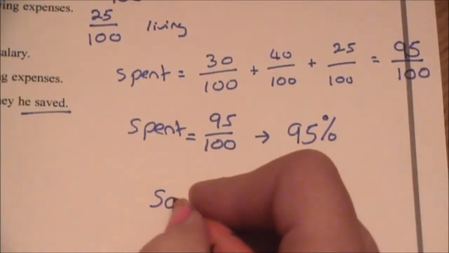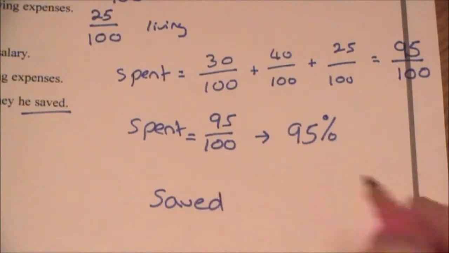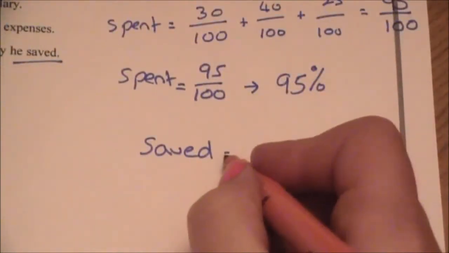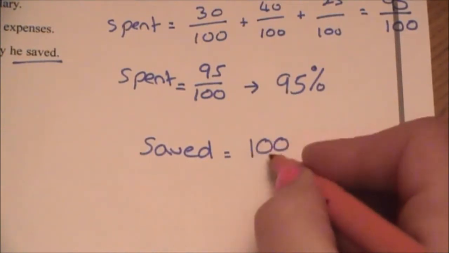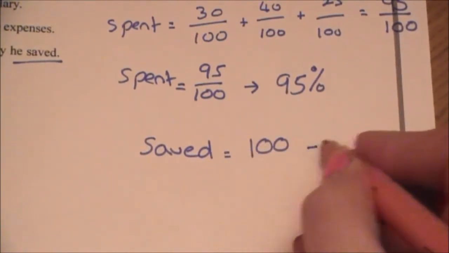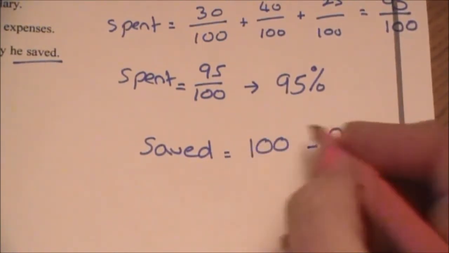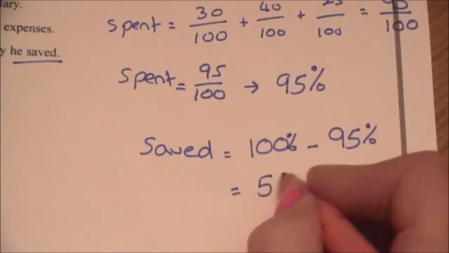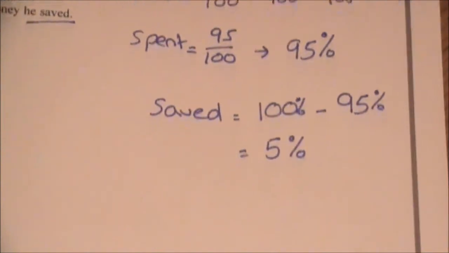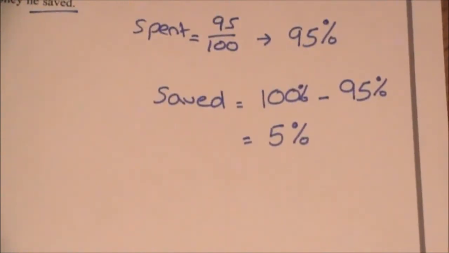From that, I can work out the proportion that he saved. And he saved the original 100% of his salary less the 95% that he spent, which means he's left with a saved amount of 5%.